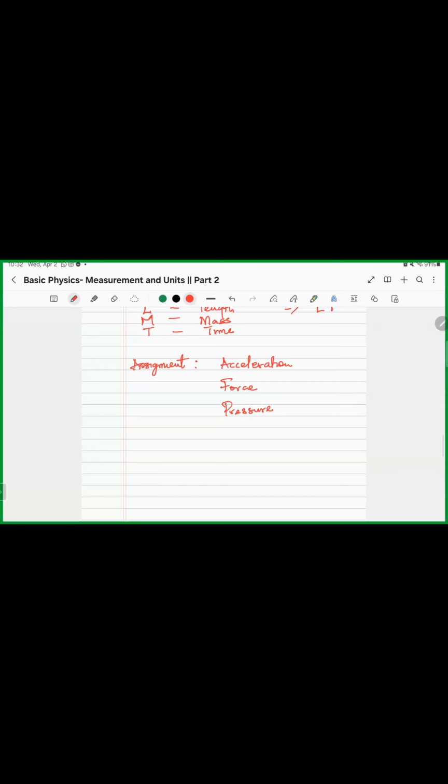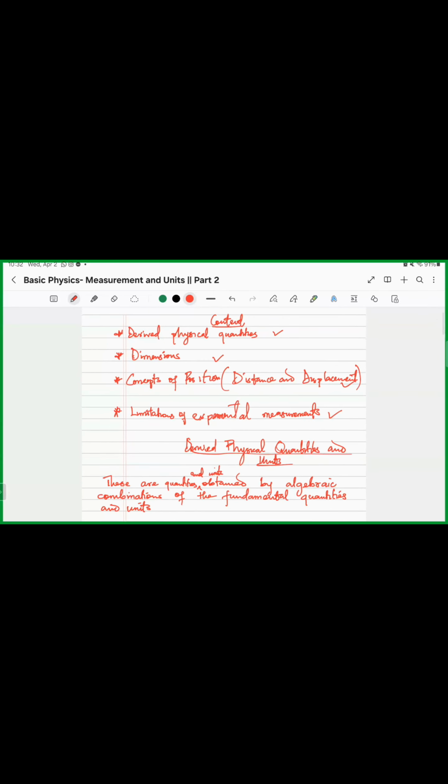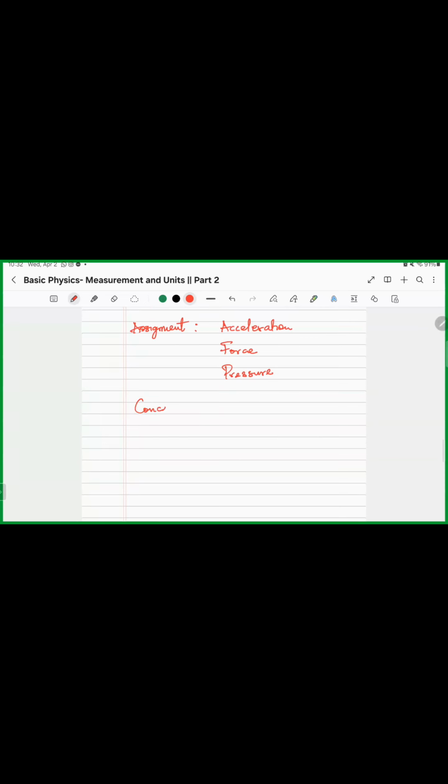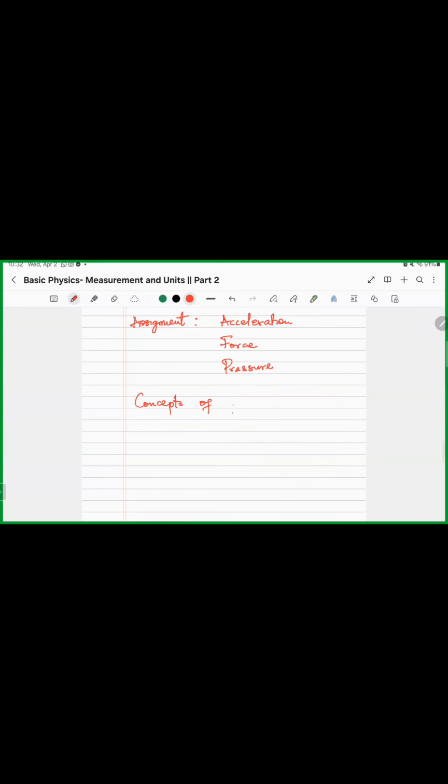So let's move straight to the discussion on concepts of position. We won't waste time. Here is where I will be establishing the difference between distance and displacement. The focus of this discourse is going to be distance and displacement.